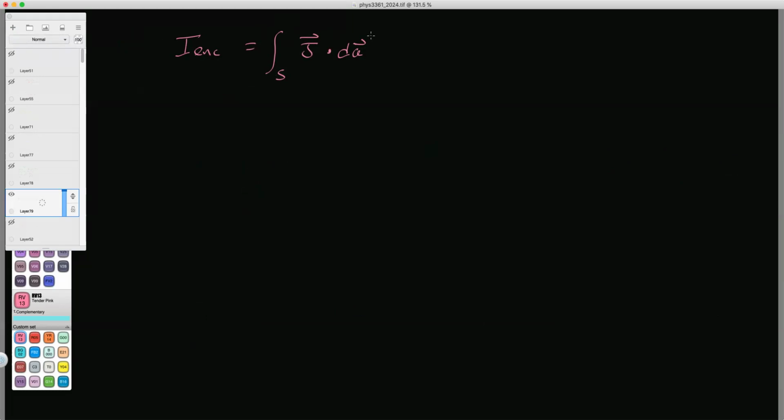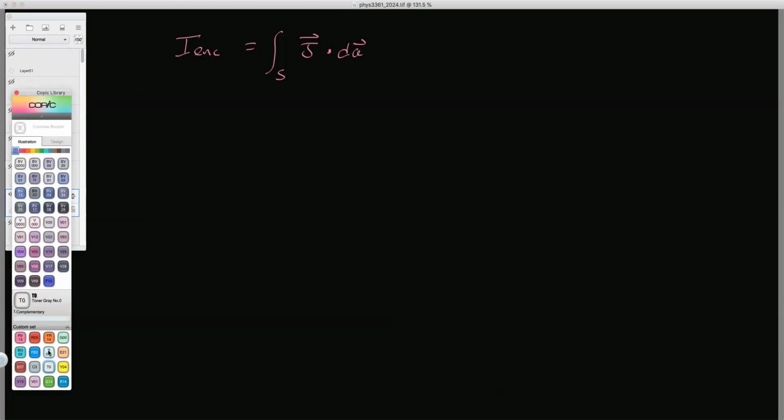It might be this volume current. So think about the surface. If you have a loop, think about a loop, and this dA is going to be the perpendicular vector that's got the area of this loop.